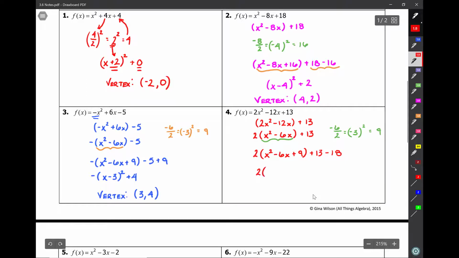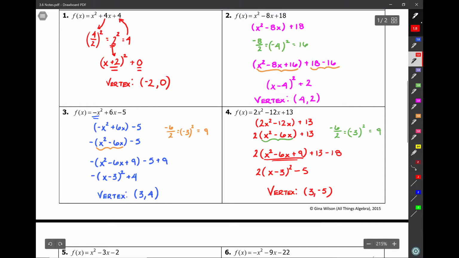So now we have 2(x minus 3) squared, because it's half the middle term, because we've generated a perfect square trinomial right here inside the parentheses. And then 13 minus 18 is going to be negative 5. This is now in vertex form, and we can express our vertex using the values for h and k as 3 and negative 5.